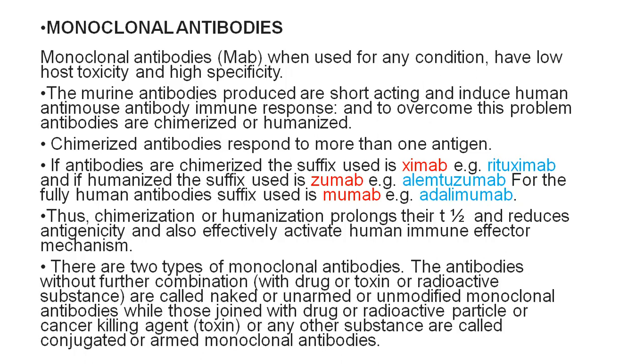There are two types of monoclonal antibodies. They are the antibodies without further combination with drug or toxin or radioactive substances. They are called naked or unarmed or unmodified monoclonal antibodies, while those which are joined with a drug or radioactive particle or cancer-killing agent or any other substances are called conjugated or armed monoclonal antibodies.